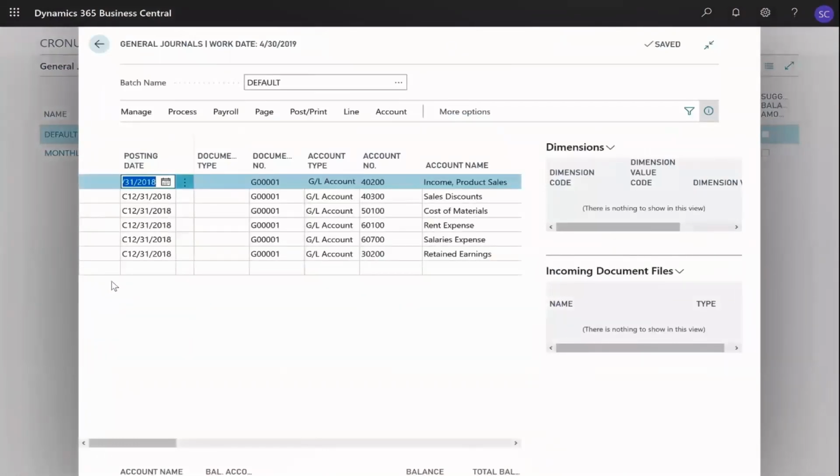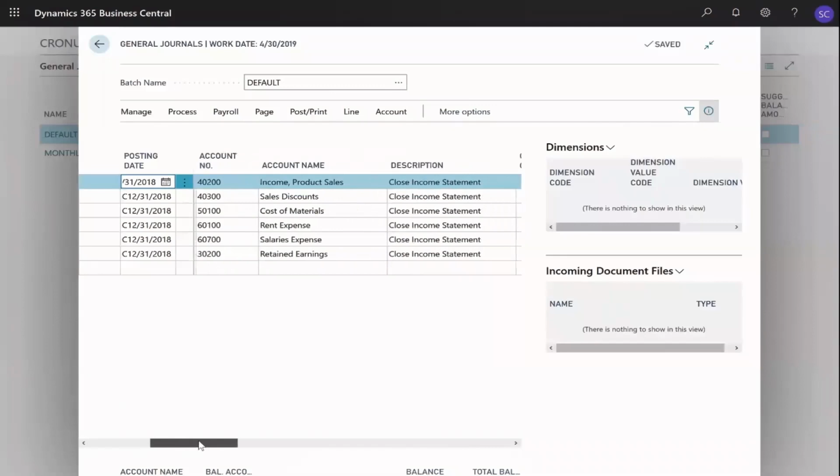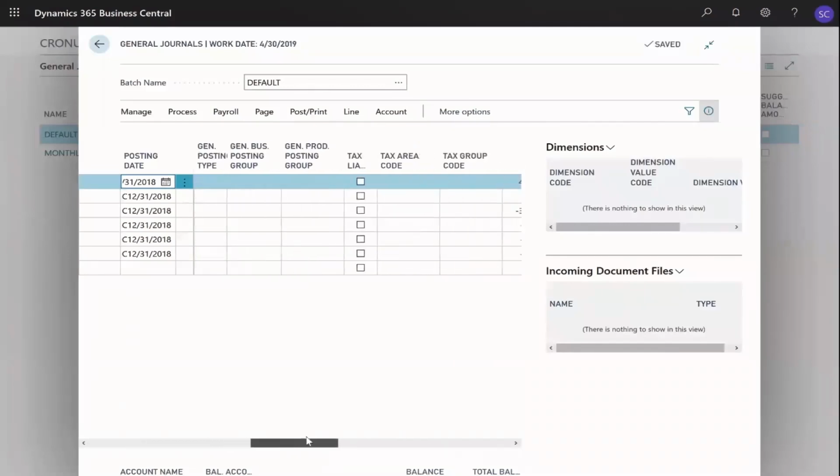So you might as well do it manually, but we have a function that does everything for you, all right? So that's the only idea. We have all the specific GL accounts for your P&L in the same general journal: your sales, costs, expenses, and so on.